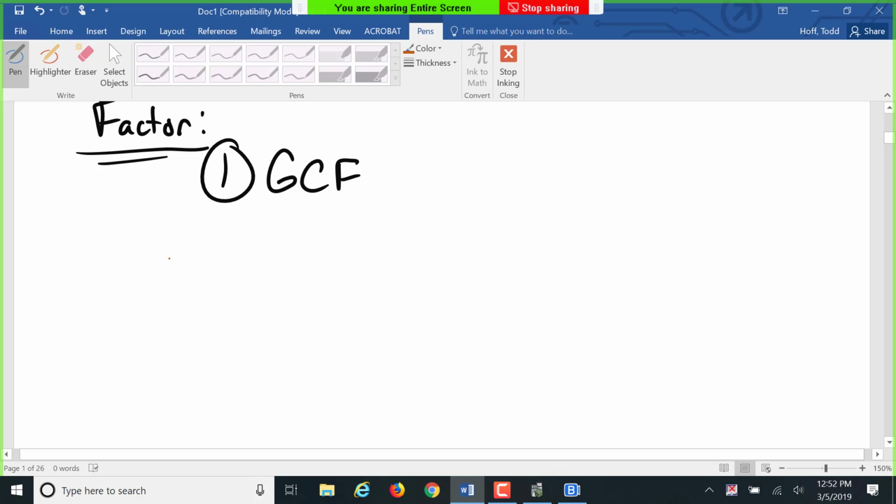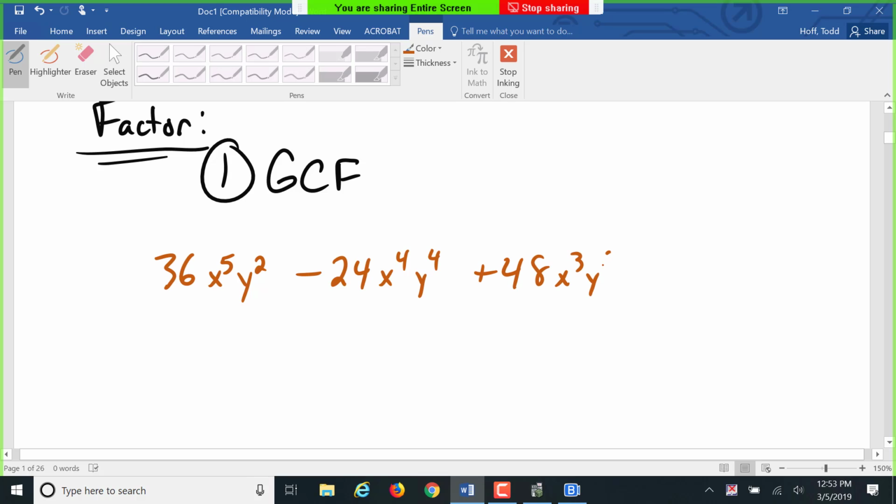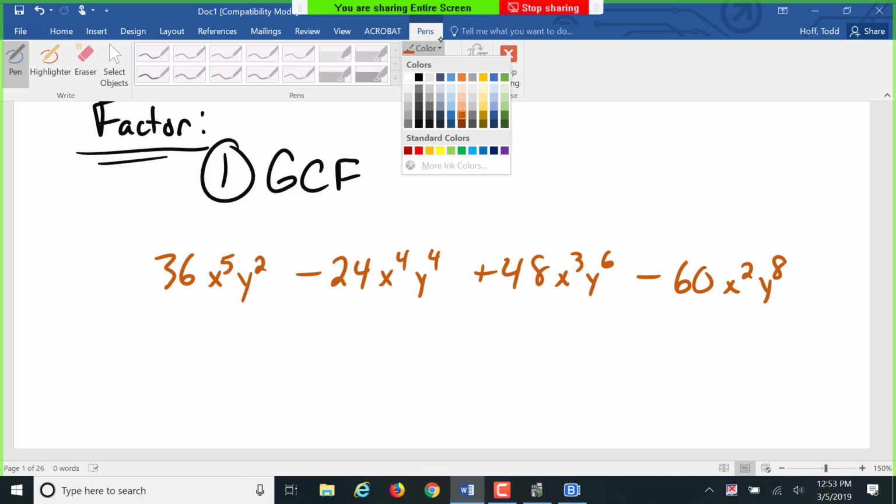We might have, let's see here, 36x to the 5th y squared minus 24x to the 4th y to the 4th, plus 48x to the 3rd y to the 6th, minus 60x squared y to the 8th.